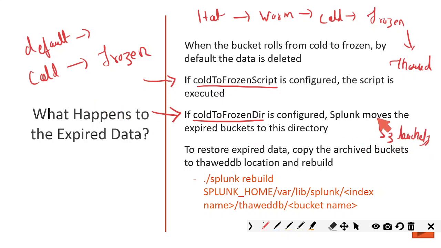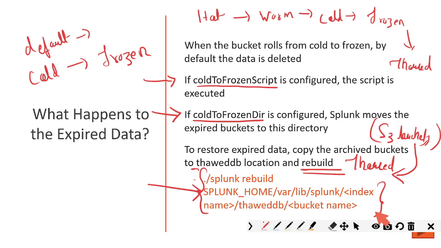Okay. Just remember this. And once the data is archived, if I really want to restore it, I can roll this data from the frozen bucket to the thawed bucket, and then rebuild the index with the help of the below command. So this is the command I will be using to rebuild the index using the thawed buckets.